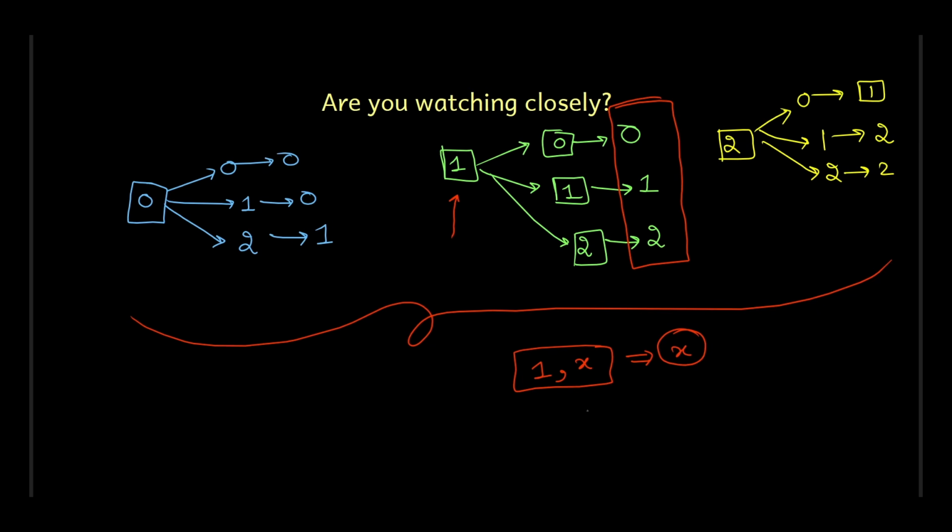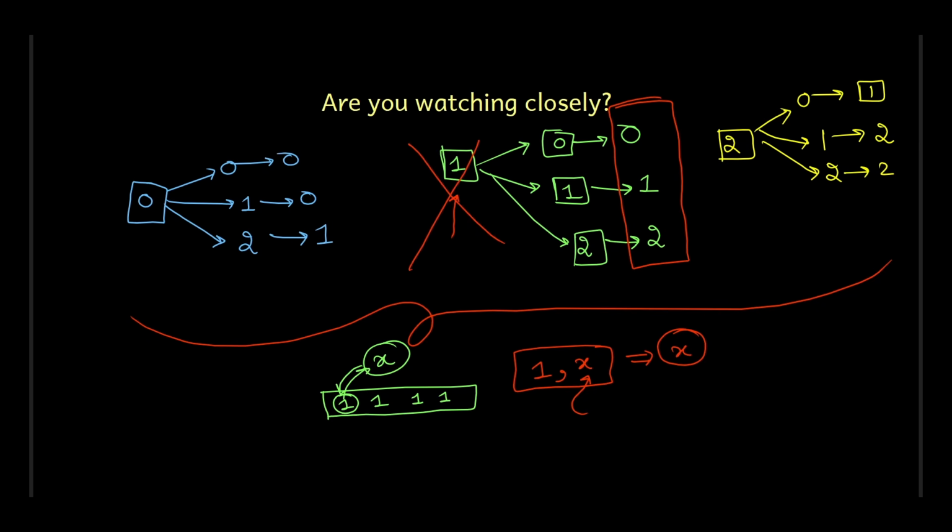This means 1 is actually useless. 1 is not doing anything, because if you consider this array and 1 is available over here, over here, over here, and over here, no matter what merges you are doing, sooner or later you will have to merge with this one. But when you do merge with this one, it will just produce whatever element you have merged with. So in fact, you can get rid of this one completely.